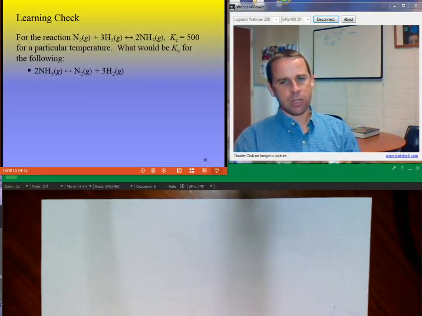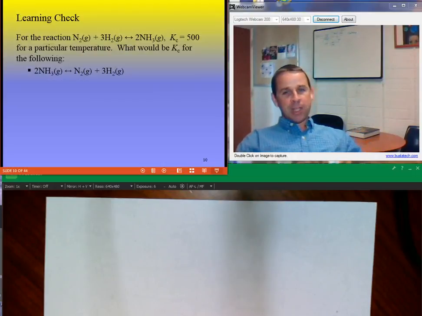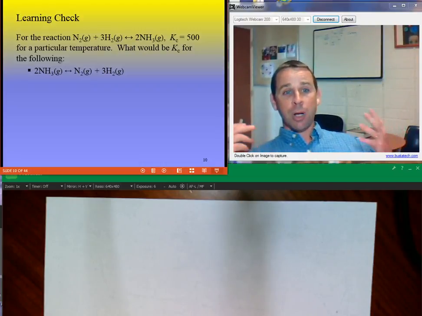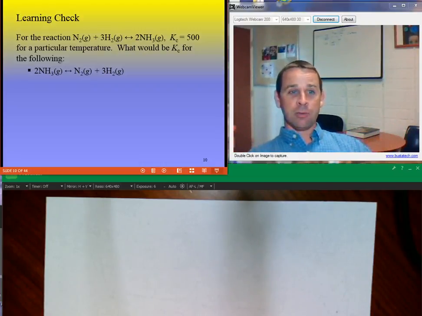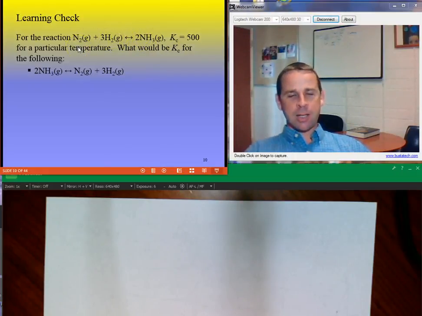Now, let's go ahead and answer this question. Here we have a chemical reaction. The Kc is 500. That tells you right away something about the relative concentrations of the ammonia, this is the ammonia, compared to that of the hydrogen and nitrogen gases.